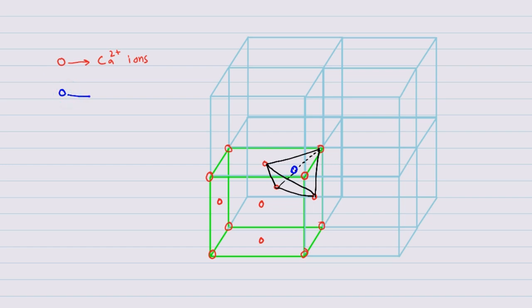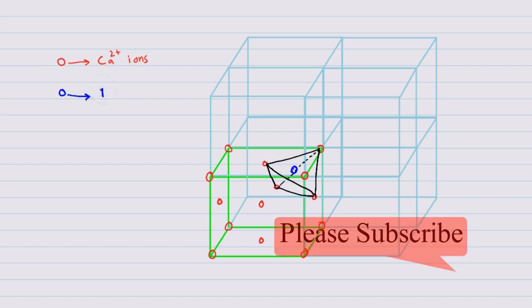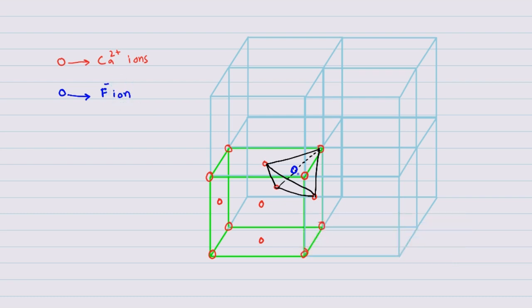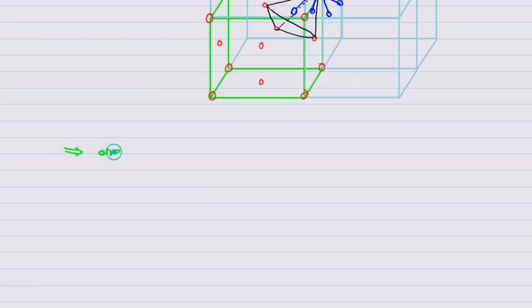So this blue circle indicates fluoride ion. So we will have similar fluoride ion in each of these cubes. So there are total 8 cubes. So this 1 calcium ion will be surrounded by 8 fluoride ions, as you can see from this figure.